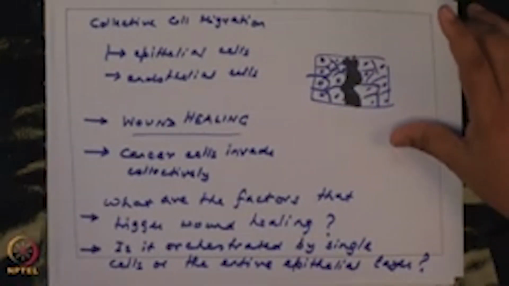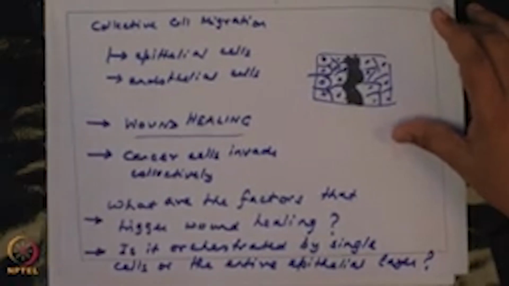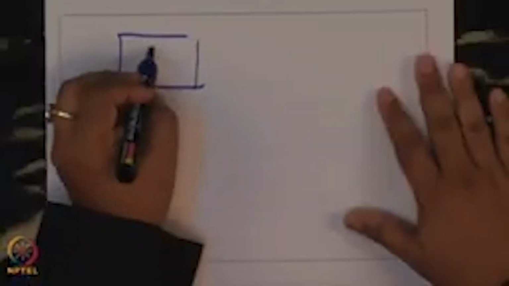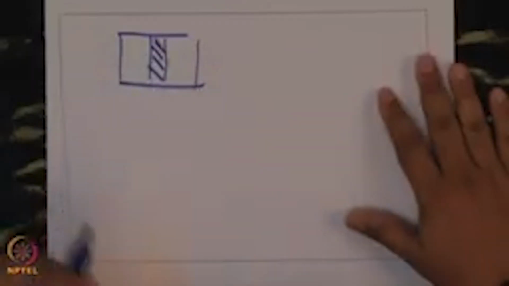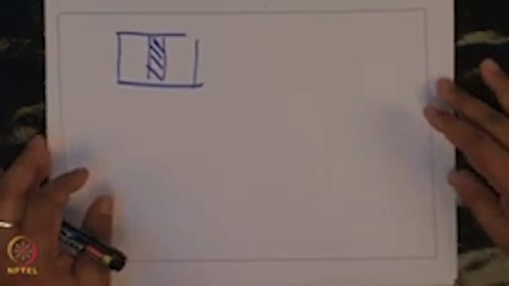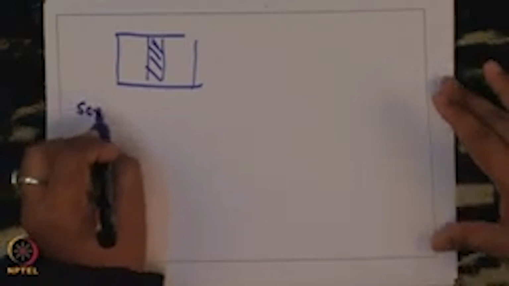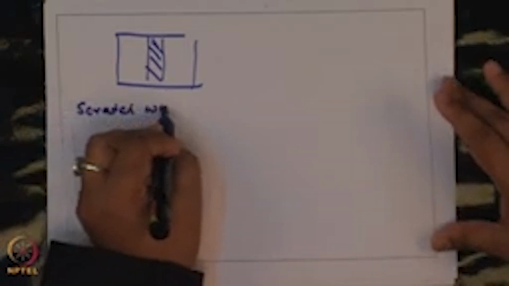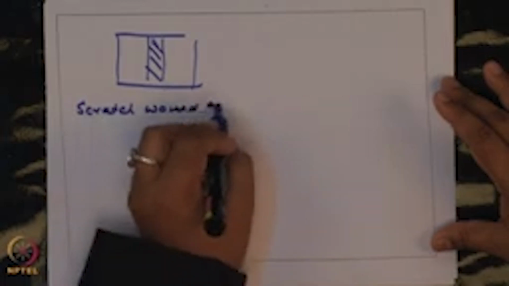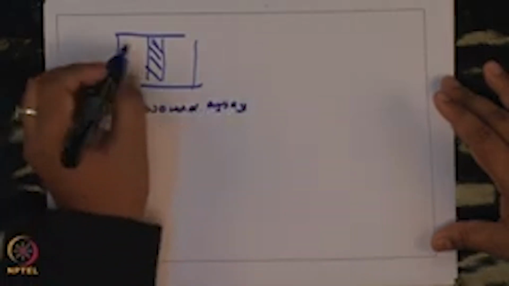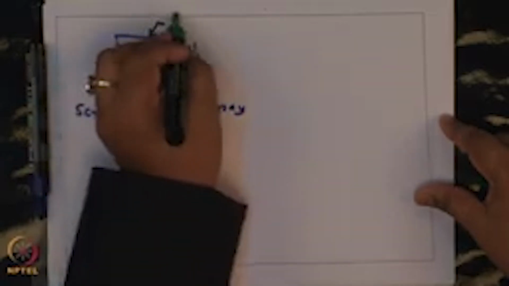Because you can have this space filling, you can look at this problem. Imagine again I have a patch, and this is the space which is available by creating a wound. Now, typically in most experiments people use the scratch wound assay. You have cells on this side and cells on this side, and you scratch, introducing this model wound with a pipette.